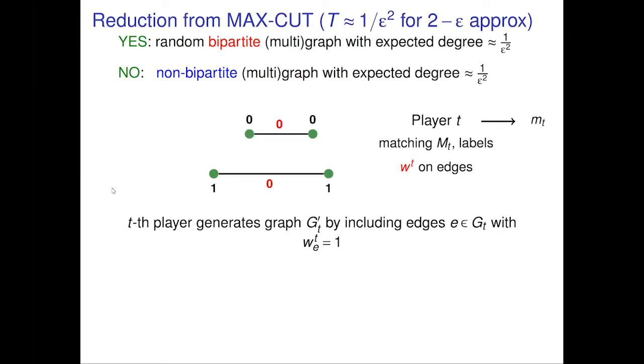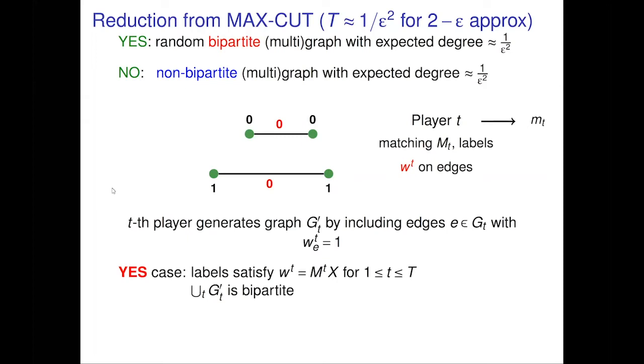My reduction will produce in the yes case a random bipartite graph with a very small number of multi-edges with a large constant expected degree, and in the no case a very non-bipartite random graph with the same expected degree. The reduction is very simple. The Tth player simply looks at their matching MT and feeds into our streaming algorithm those edges of the matching that have ones written on them.